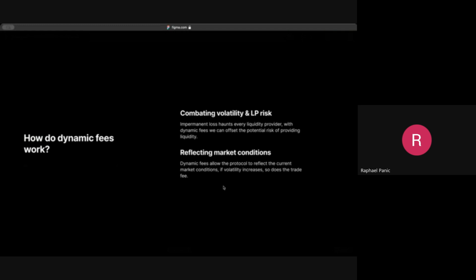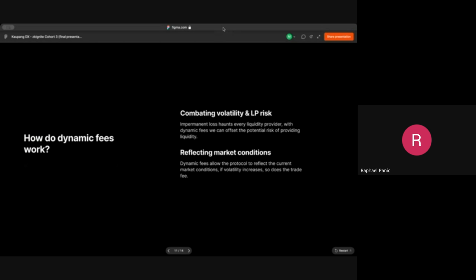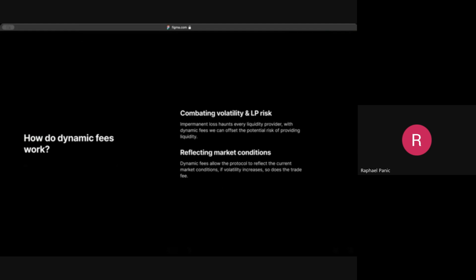So one way to mitigate that is to adjust the fees of the pools. Normally fees are implemented in a way that for every trade you pay, for example, 2% of the trade size to the liquidity providers. But with dynamic fees, we can adjust them based on some data. The way we do that is we use our volume oracles to adjust that fee based on the net volume.